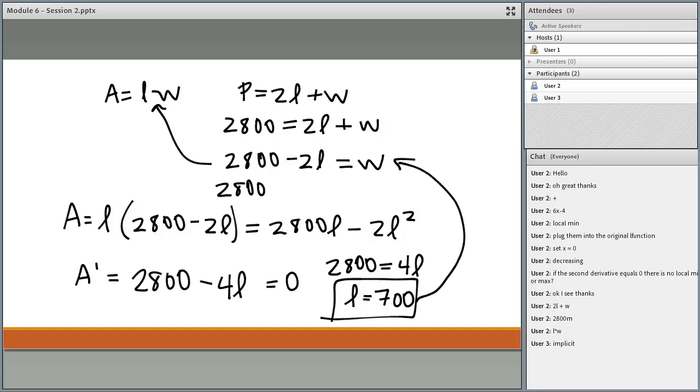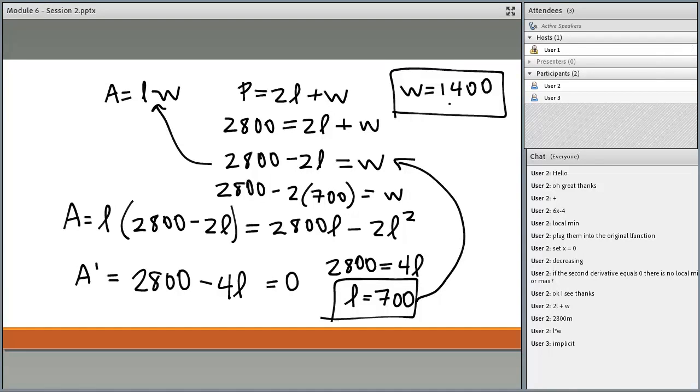So I have 2800 minus 2 times 700 equals W. So I get W equals 1400. And these are, we were told, we are working with meters.